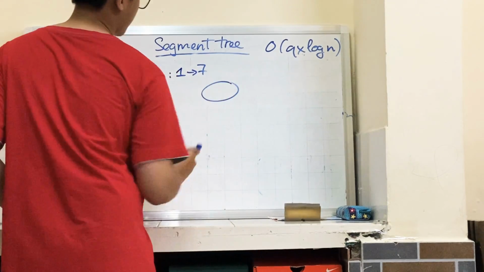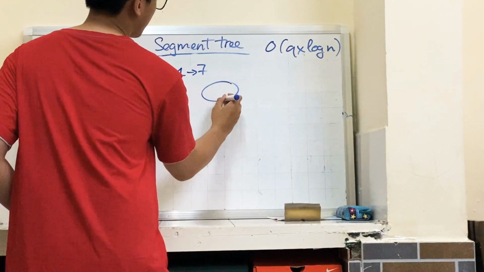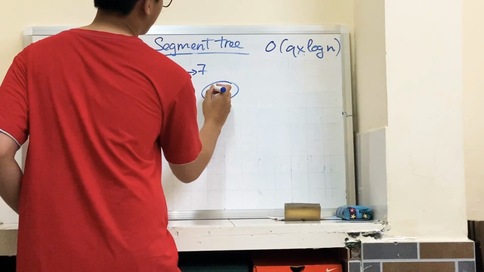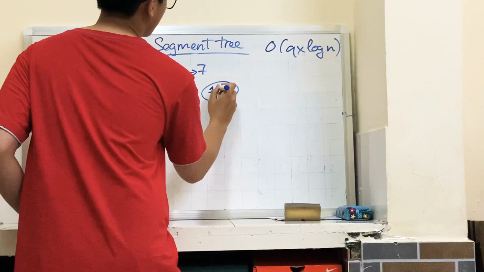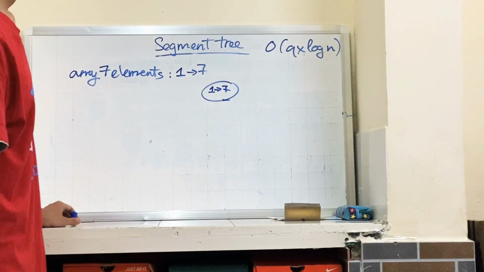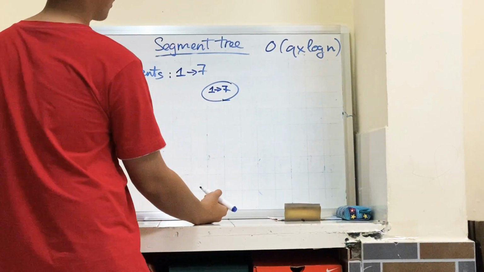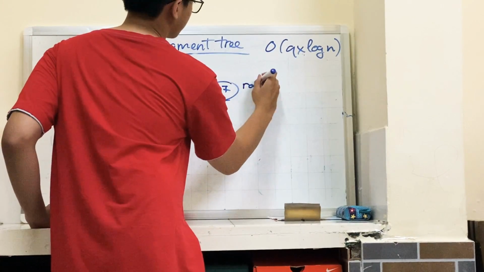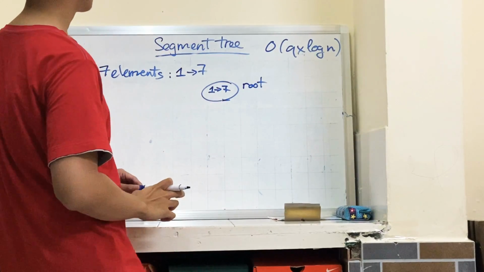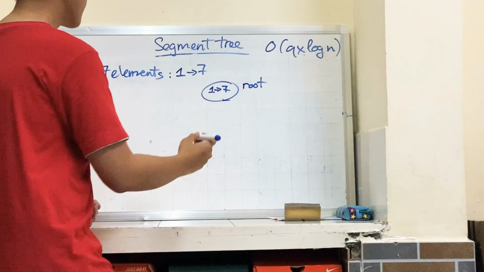This is the root of a segment tree, and it will hold the value of the interval from 1 to 7. This is the parent node or root node. A segment tree is a kind of binary tree.